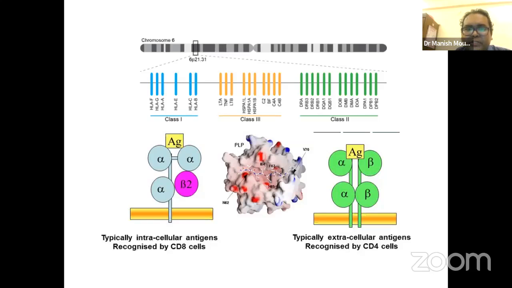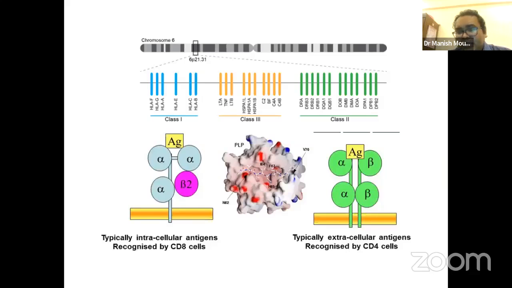When we understand the HLA system, there are class 1, class 2, and class 3, three kinds of systems present on chromosome 6, the small arm, region 21.31. This very small region has a huge long chain, almost 6 million nucleotides, which synthesizes one protein molecule that recognizes more than 6,000 antigens, generating a response to clear them, to understand them, to develop tolerance against them, and to reject them.